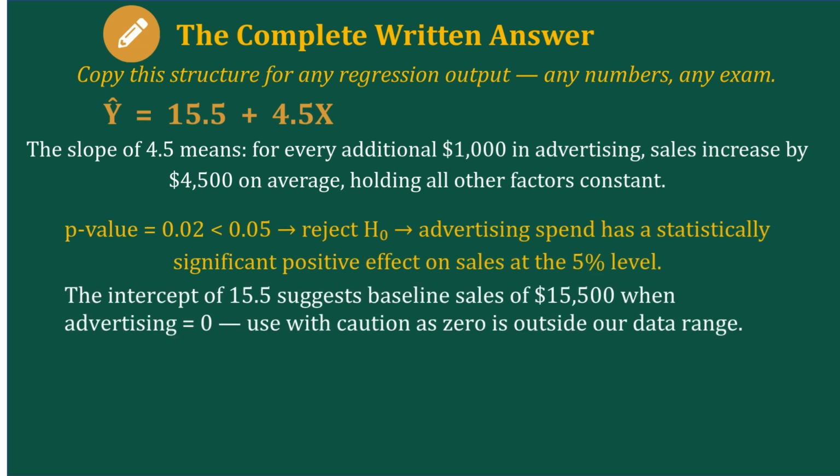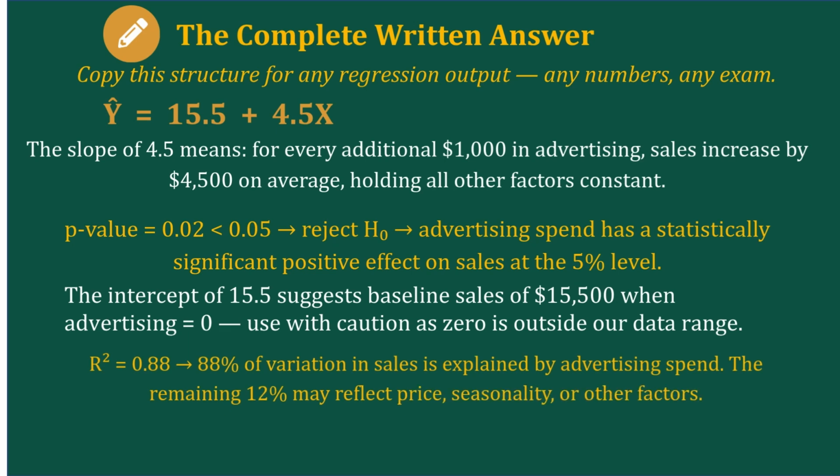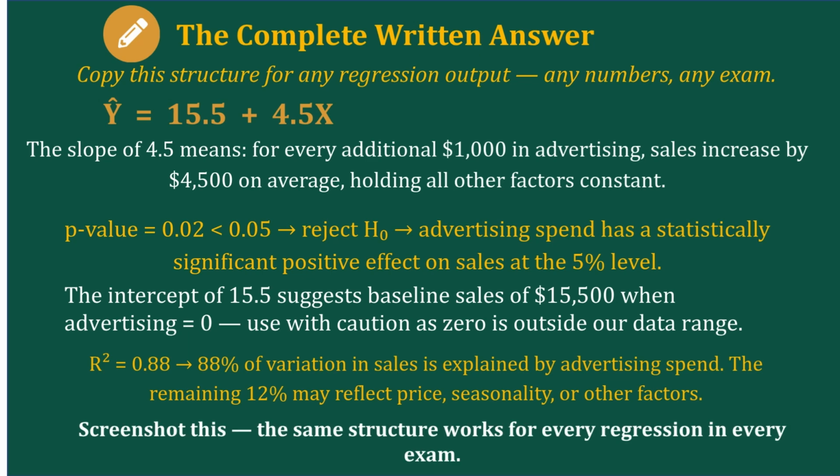The intercept of 15.5 suggests baseline sales of 15,500 when advertising is 0. Use with caution since 0 sits outside the data. R squared equals 0.88. 88% of the variation in sales is explained by advertising. The rest may reflect other factors. Screenshot this slide. Same structure works for every regression on every exam forever.